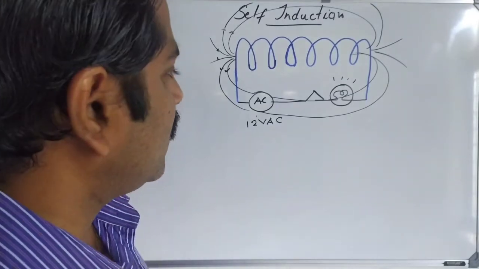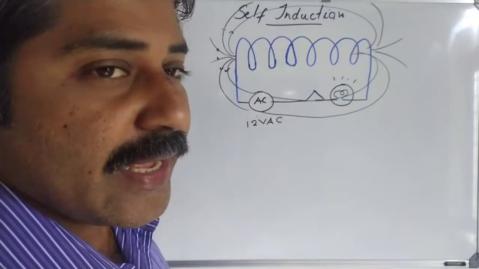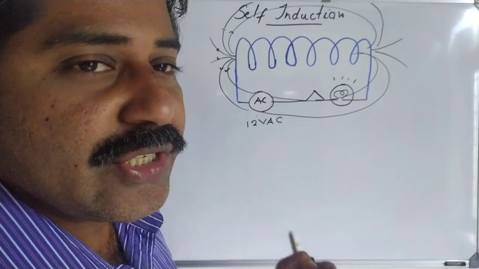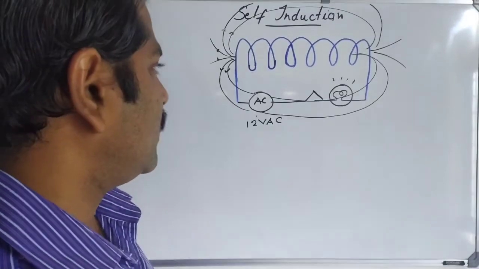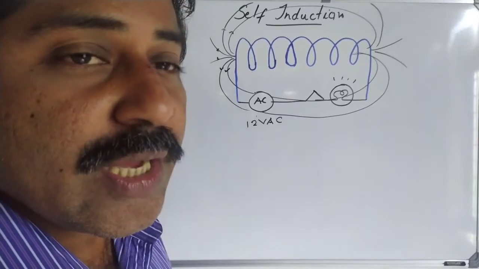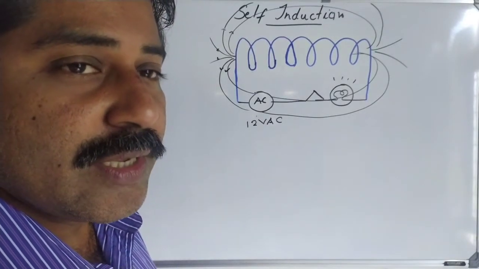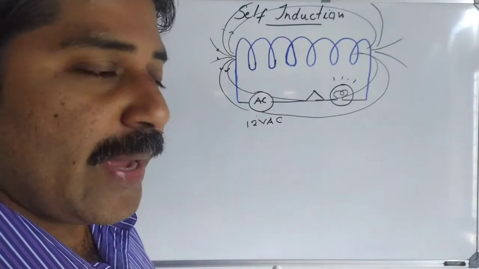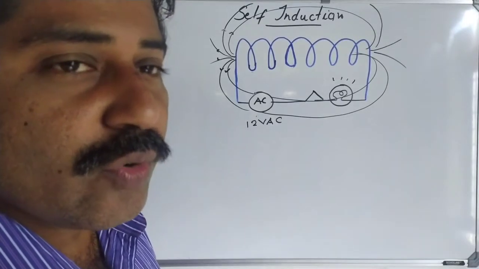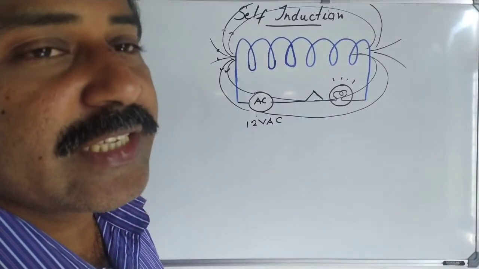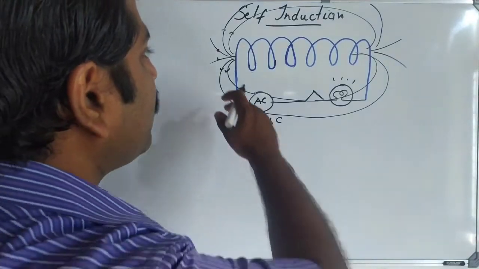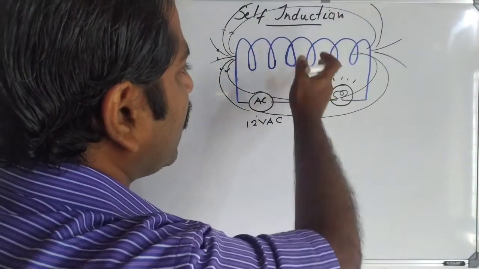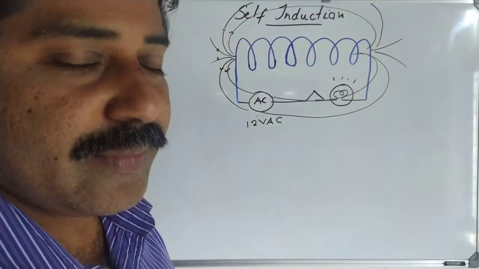So now we are providing a direction-changing current, or a current which continuously changes its direction. Then what will happen to the magnetic field formed? The magnetic field formed also will change its direction continuously. That means a changing magnetic field is forming around this solenoid.